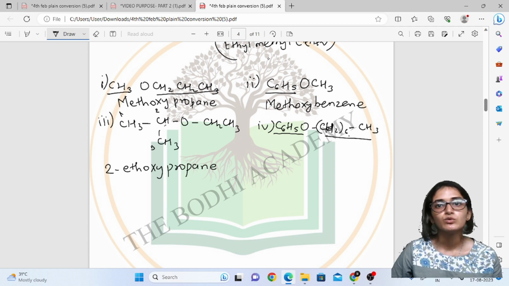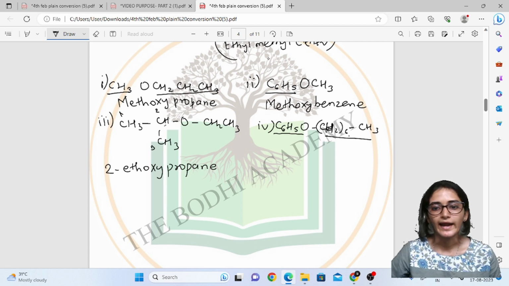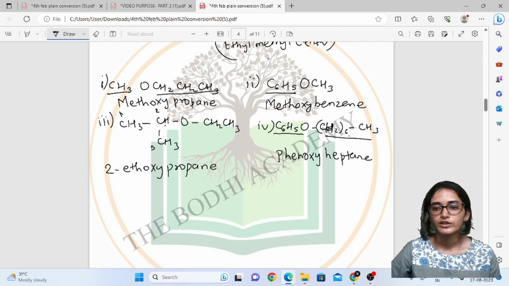When we use the benzene ring as a prefix, we don't use benzene, we use phenyl. So according to that the name will be phenoxy, and with how many carbons? 6 plus 7. So phenoxyheptane, or 1-phenoxyheptane. So this is the way to write the names of ethers.